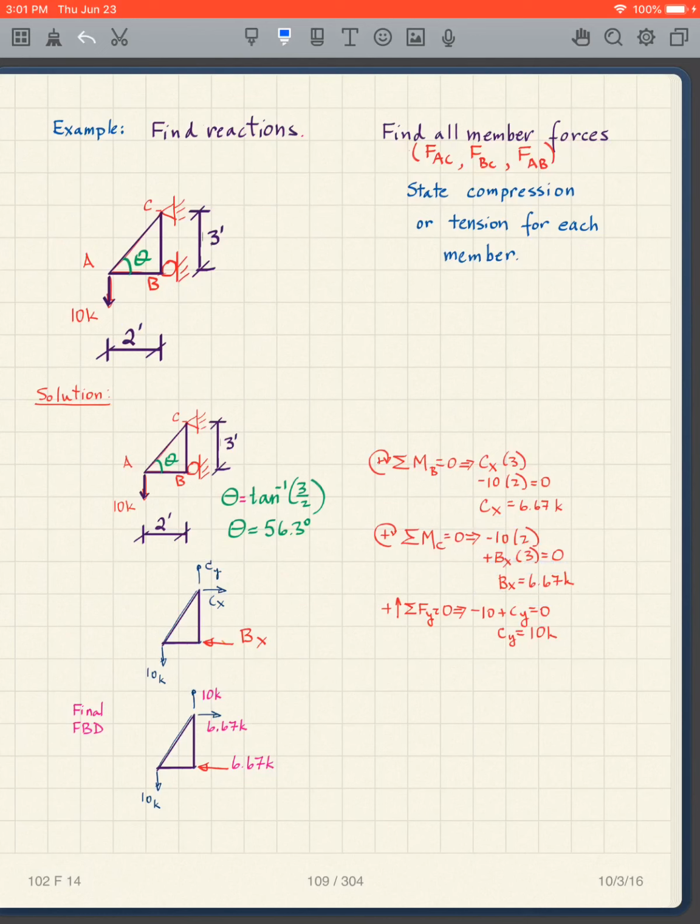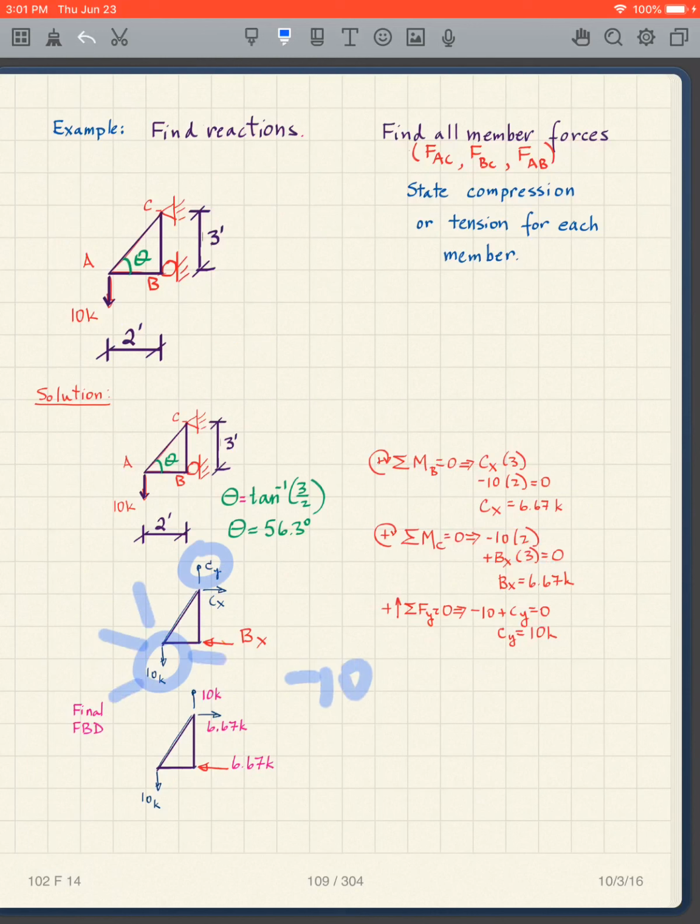And then I just take the sum of the forces in the y direction. It's quite simple. This is 10. This is CY, so it's going to be negative 10 because it's going downward.